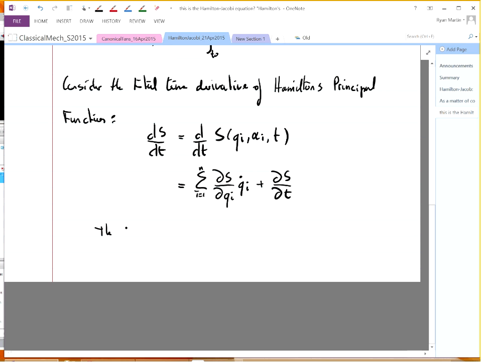Now, the transformation equations are that lowercase pi is ∂S/∂qi, right? That's for a type 2 canonical transformation. So that term in the sum, the sum over i from 1 to n, is pi times qi dot.